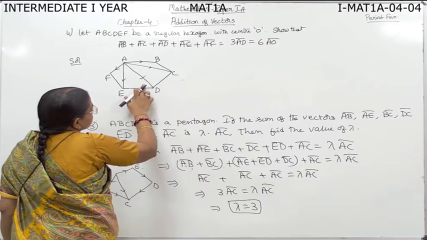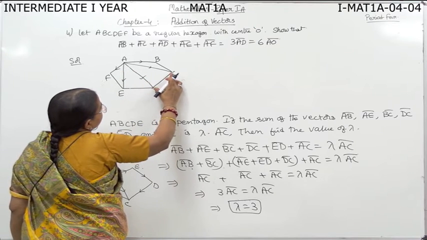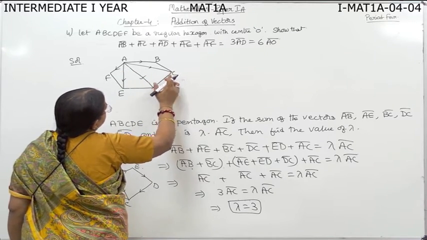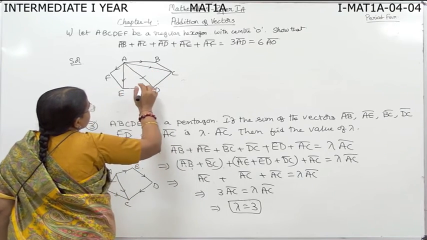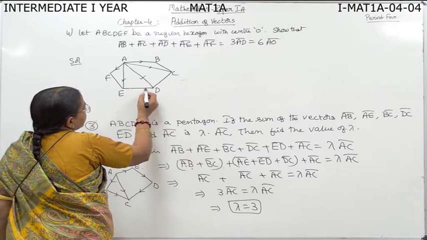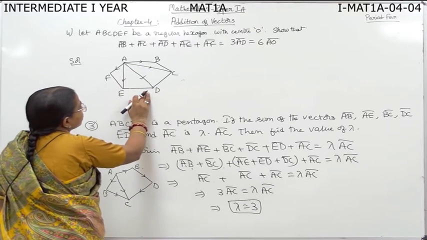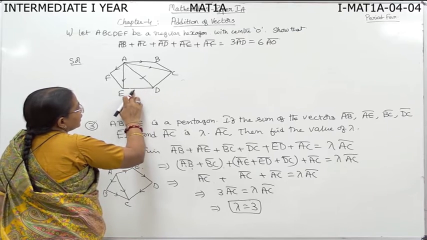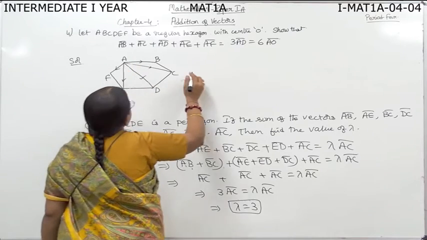Now AD is actually equal to AC plus CD, but CD is not given. Instead of CD, we are given AD is equal to AE plus ED. ED is not given, so we'll write AB as ED.